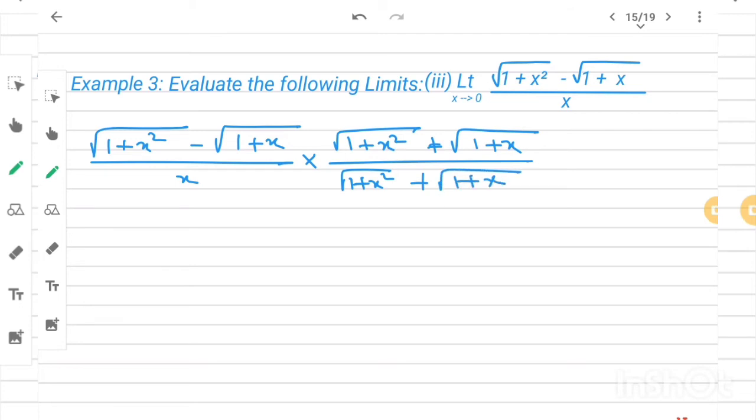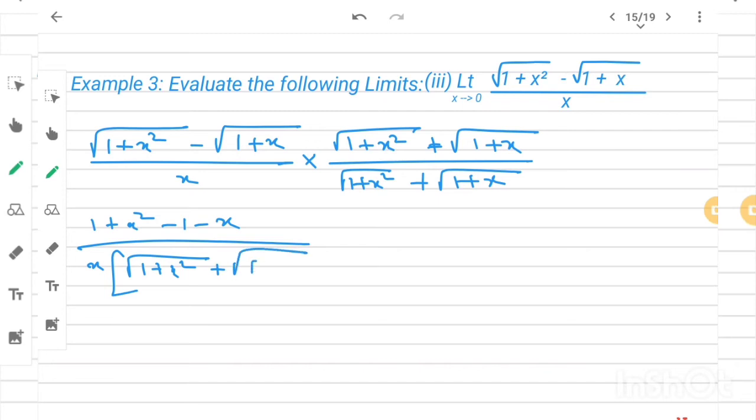Now in the numerator I am having a minus b of a plus b. So a square minus b square, and I am going to write 1 plus x square minus of 1 plus x. So it will become minus 1 minus x, and in the denominator x of root of 1 plus x square plus root of 1 plus x, and this plus 1 and this minus 1 will get cancelled.